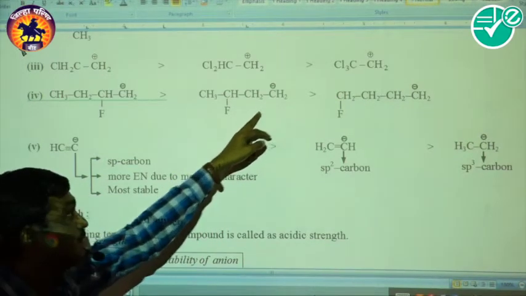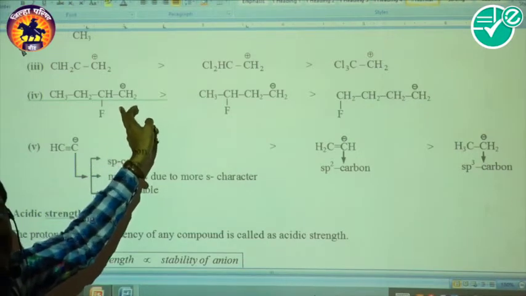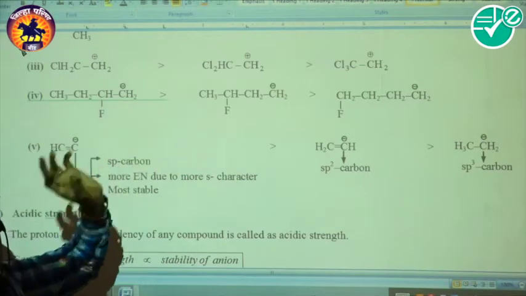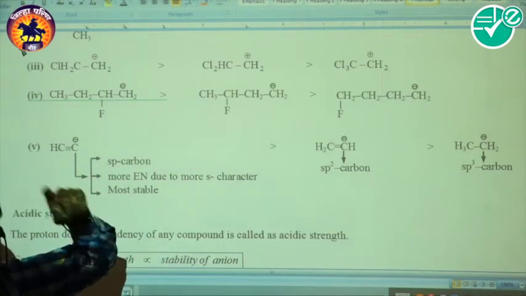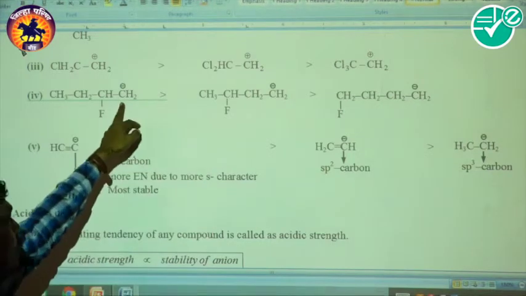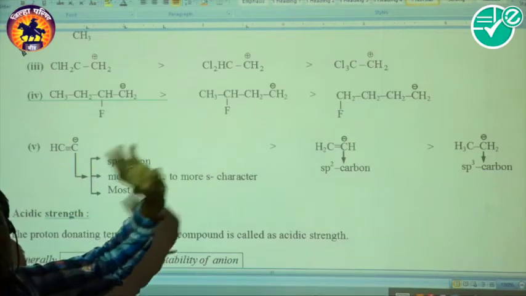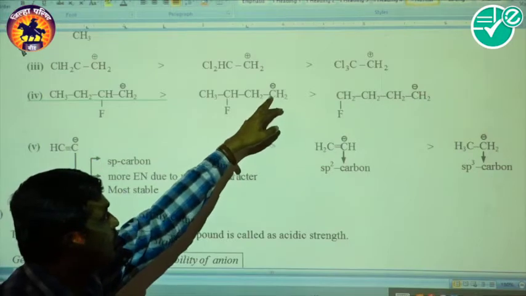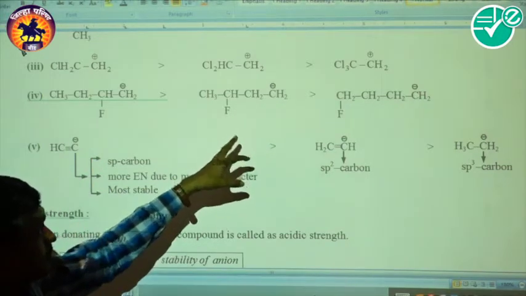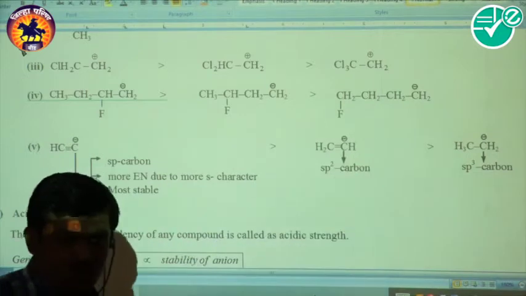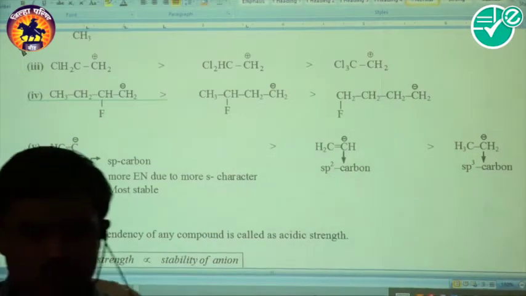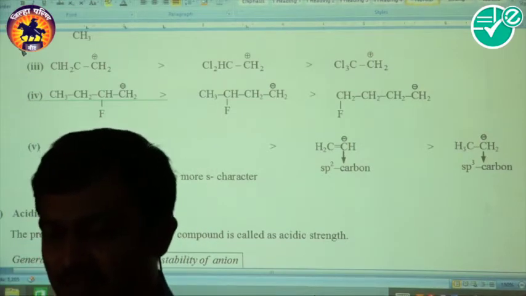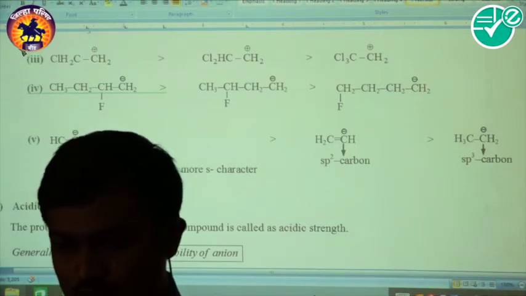Therefore the carbanion with the electronegative element or electron withdrawing group nearby is more stable, because the distant fluorine does not have much ability to carry those electrons. So distance is also responsible for sharing the electrons present on the carbanion. If it is near, it is more stable.